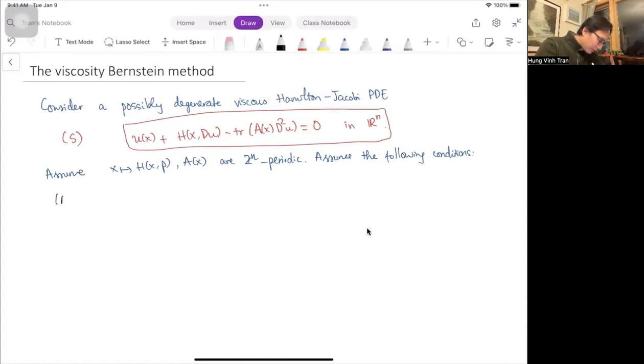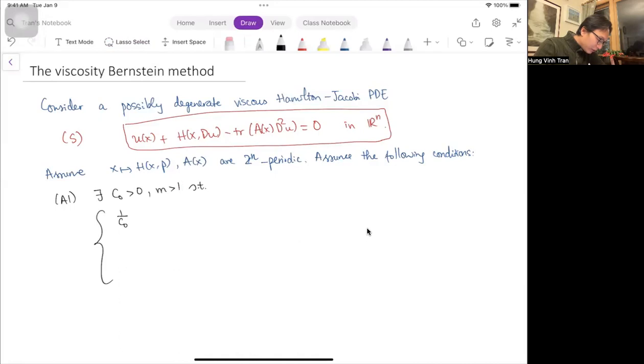The first assumption here, besides the periodicities, is that I assume that the Hamiltonian has proper growth. So there exists C naught greater than 0, I'm trying to use as few constants as possible, and m greater than 1, such that our Hamiltonian is superlinear and it grows like |p|^m.